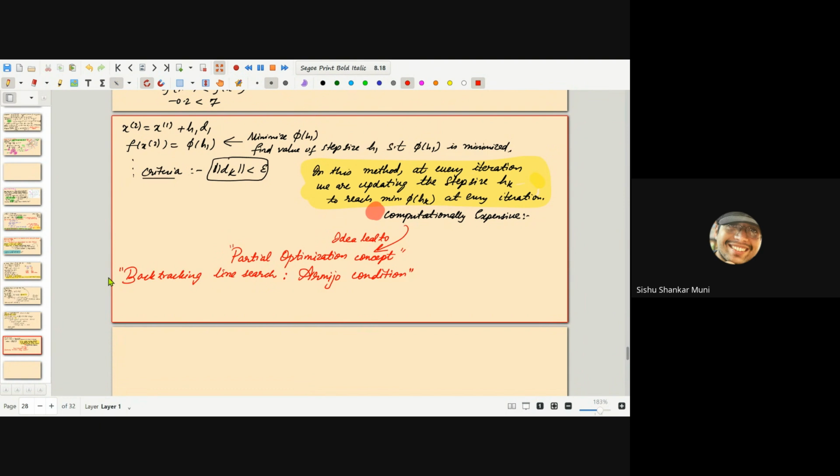The Armijo condition is not a method; it is a condition which we pair with the gradient descent method to make it computationally efficient.